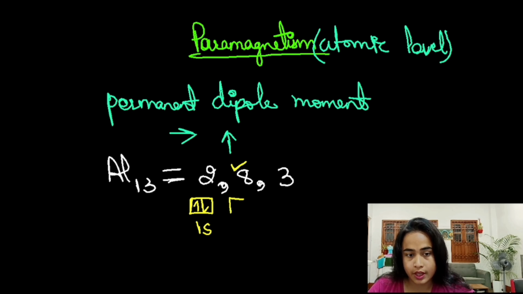The second shell has your 2s. But before I fill up the second, it will have other vacant spaces like this. This is nothing but your 2p, and it has 3 chambers. Now let's fill the 8 electrons here. So already 1 is here, 1, this is 2, 3, 4.